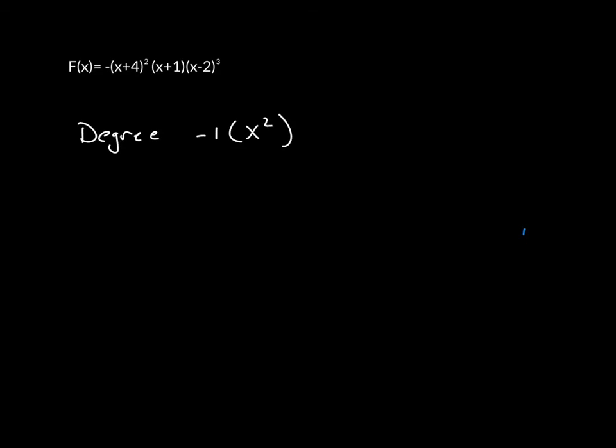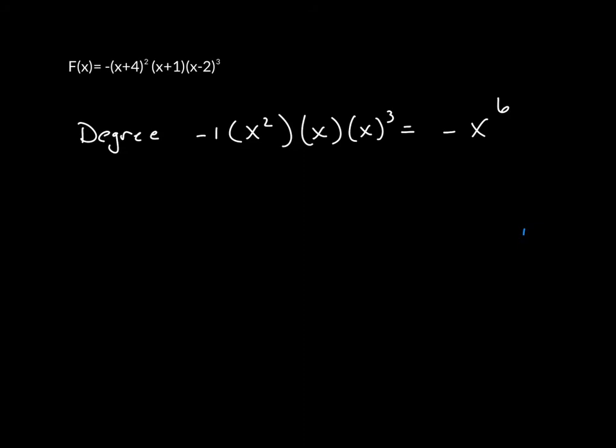Then for the next term, that would just be an x. And for the last term, that's x, but that one will be multiplied to the 3rd power if I multiply that out for the first term. So that means I have a -x to the 2, 3, 4, 5, 6.